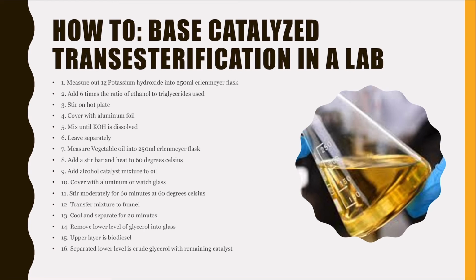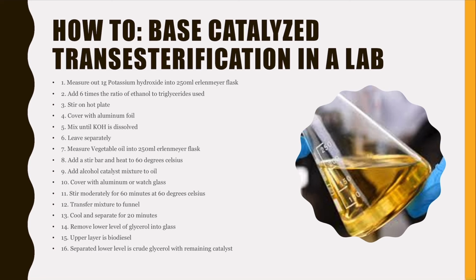You're going to leave that separately, and then measure vegetable oil into a separate 250 milliliter Erlenmeyer flask, adding in a stir bar and heat to 60 degrees Celsius. You're going to add in your alcohol catalyst mixture to the oil, and cover with aluminum foil or watch glass.